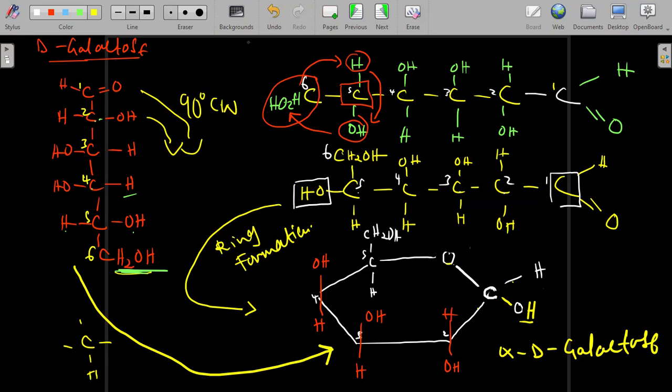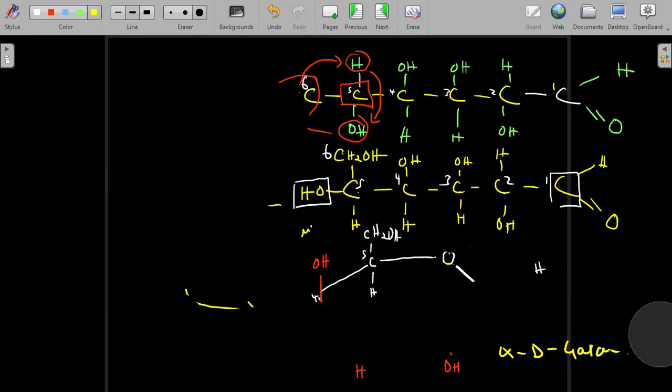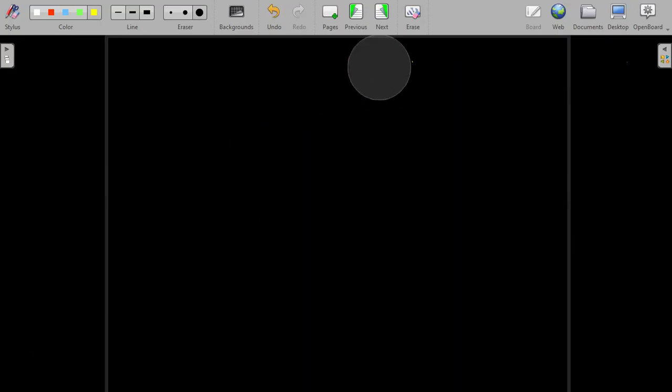So now let's look at the other one, which was the hexulose. We said we are also going to use the D hexulose to show the cyclization. So this D hexulose, its Fisher projection is just this one.